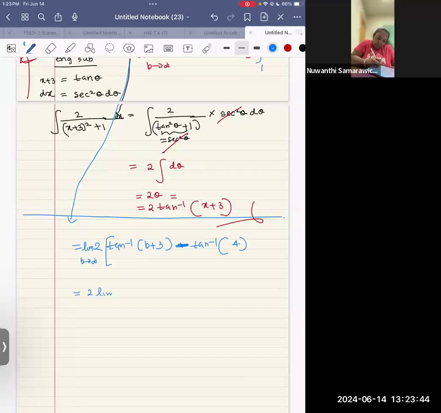So when b goes to infinity, what happens to tangent inverse? What do you think? What is tangent inverse of infinity?